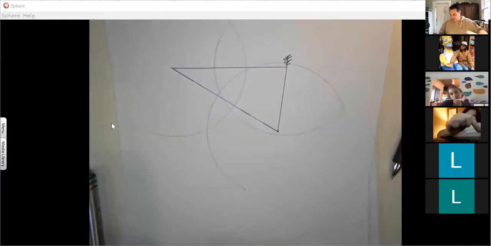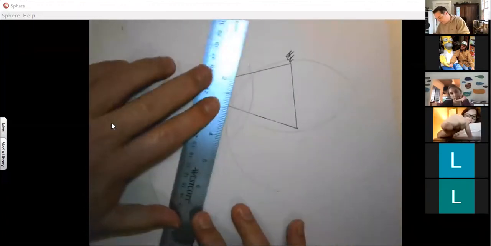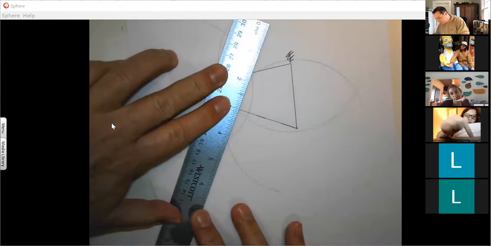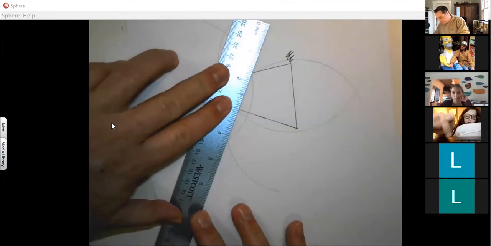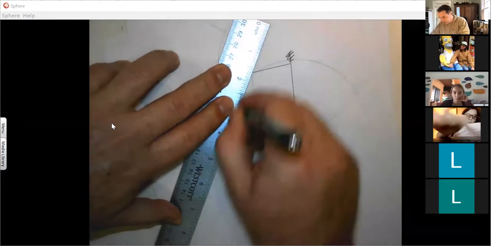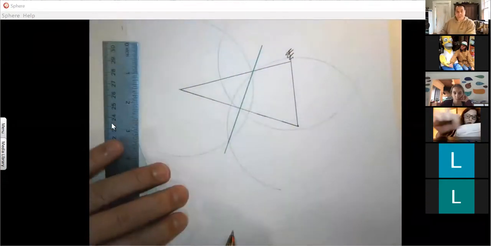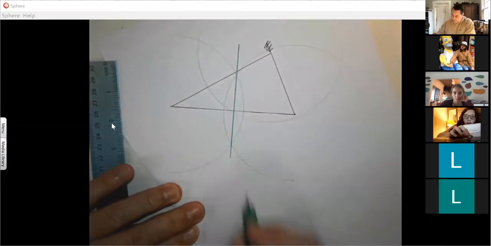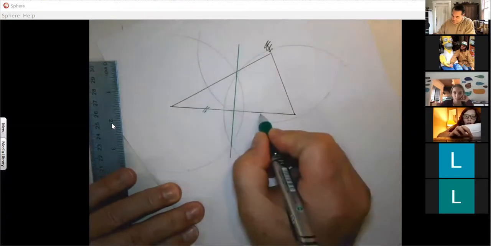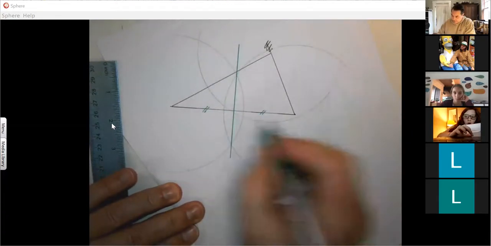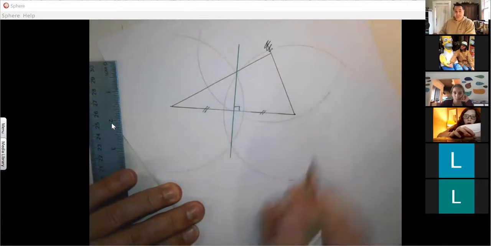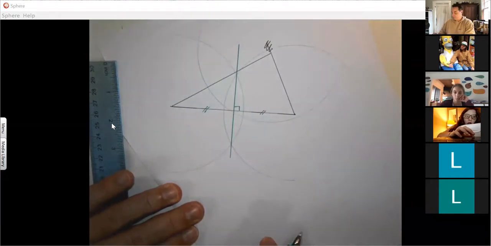And it turns out that if I connect the endpoints of these football-shaped things, I produce a segment. And that segment does two things. It bisects this side, and it is explicitly perpendicular to this side.